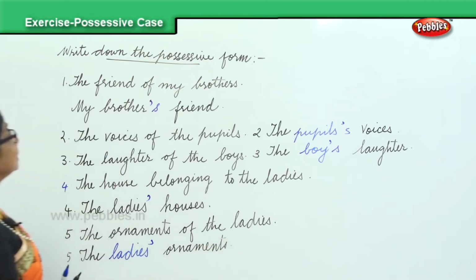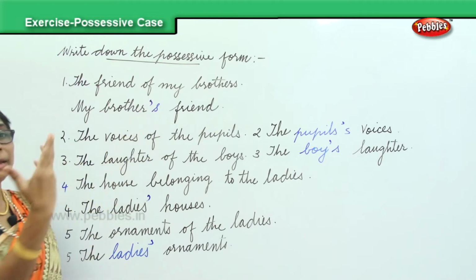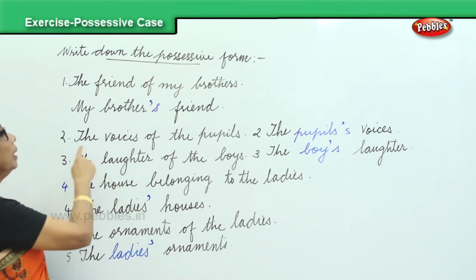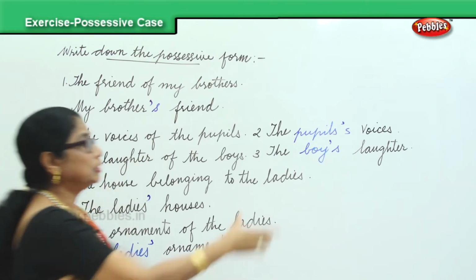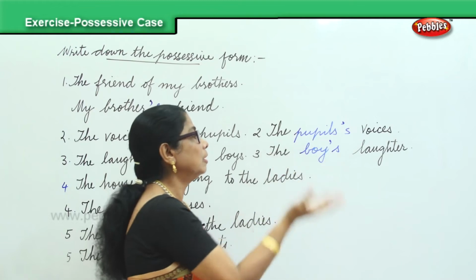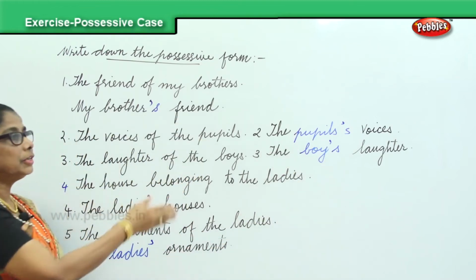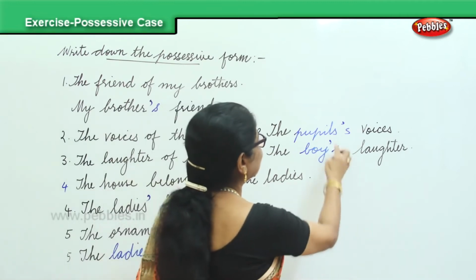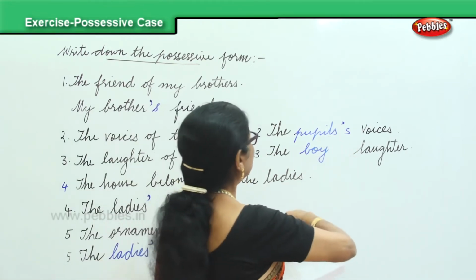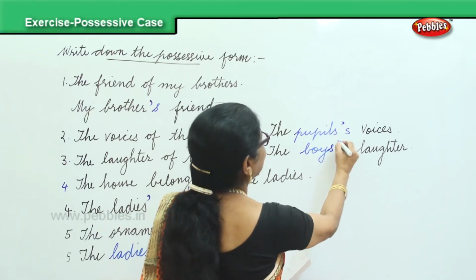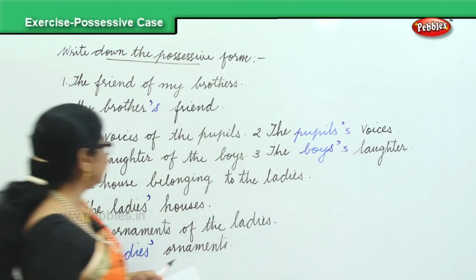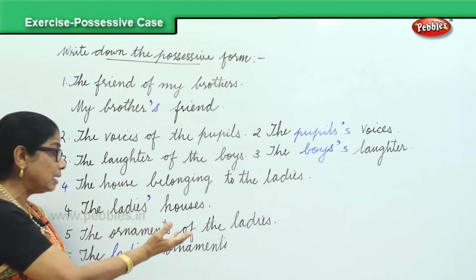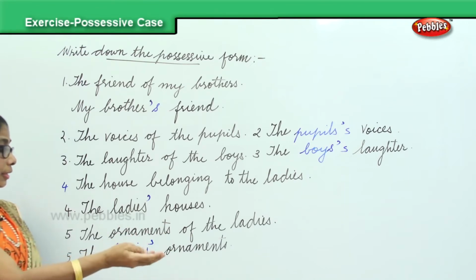Let's look at these sentences. The friend of my brother: my brother's friend, singular. The voices of the pupils, plural: pupils' voices. The laughter of the boys: many boys are there, so the boys' laughter. The houses belonging to the ladies, the ornaments of the ladies.